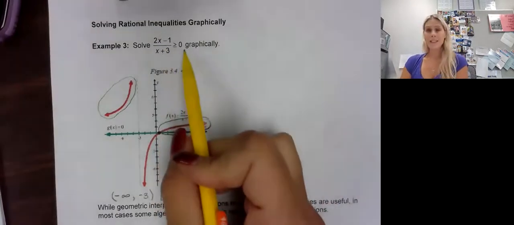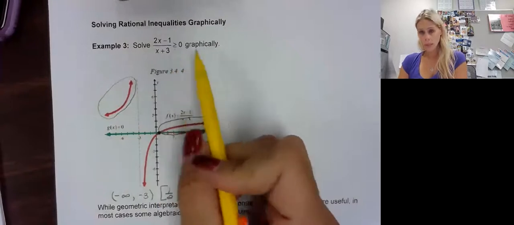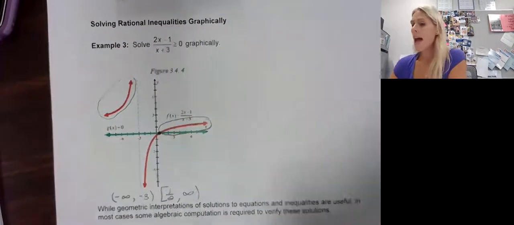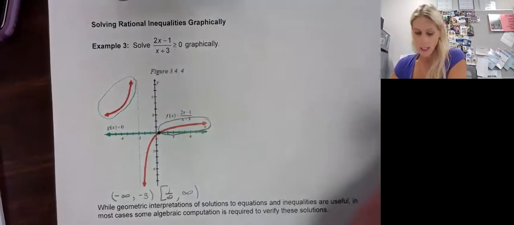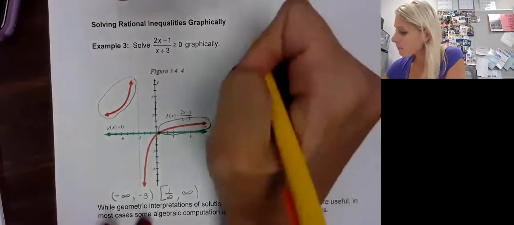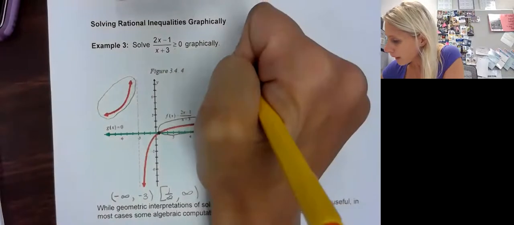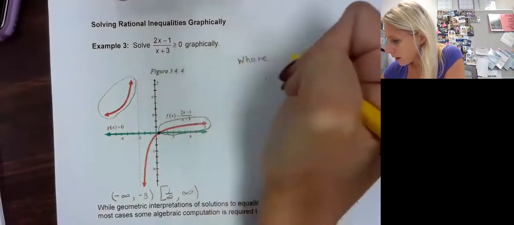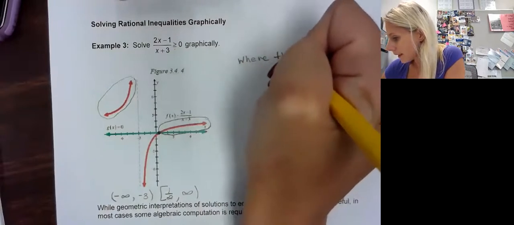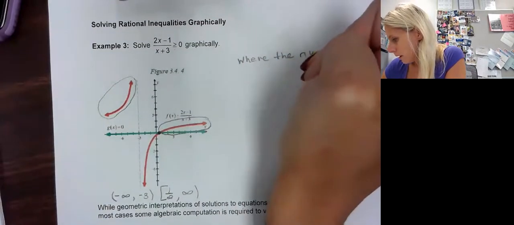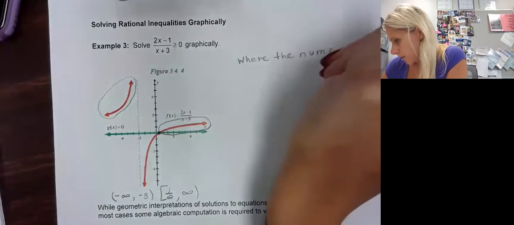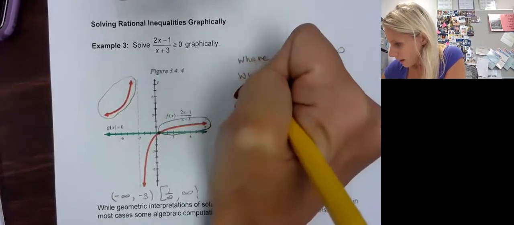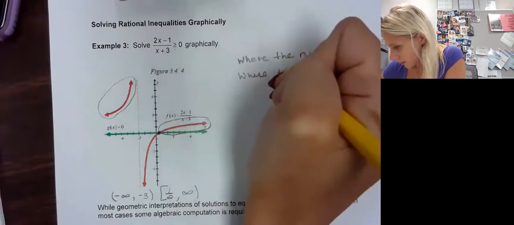I want the left side to equal 0, okay, which it does. And then what we're going to do is actually find where the numerator equals 0 and where the denominator equals 0.